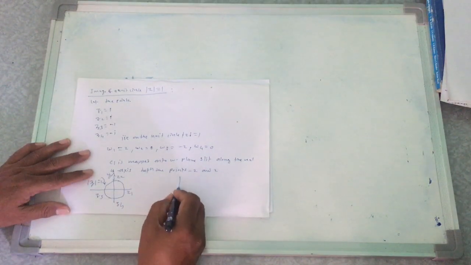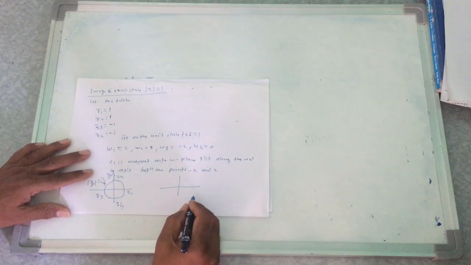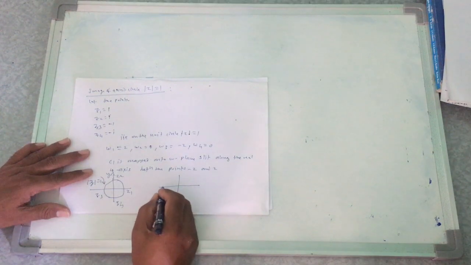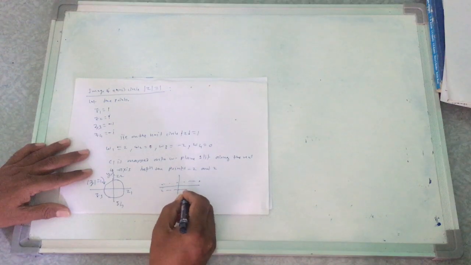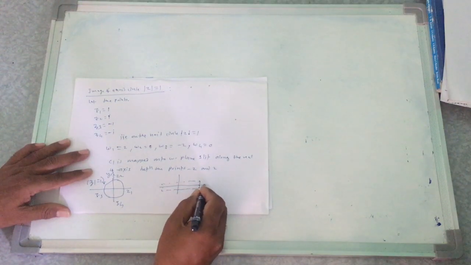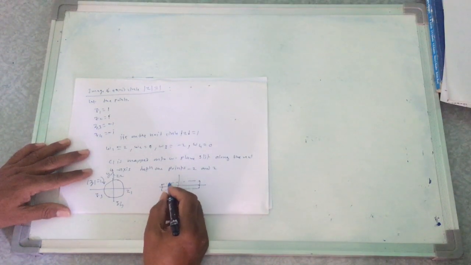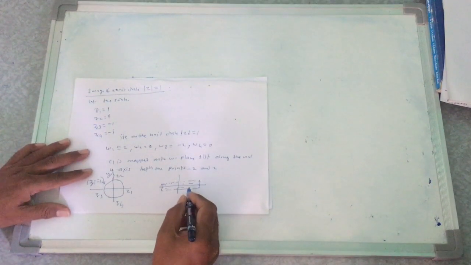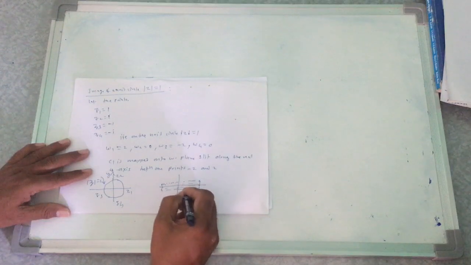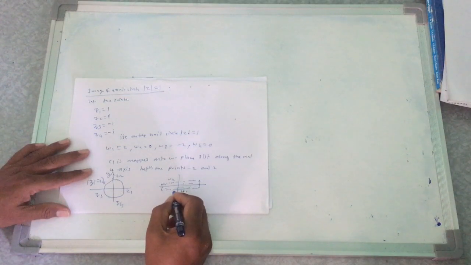So in the second figure we have this is W1, W2, W3 and W4.